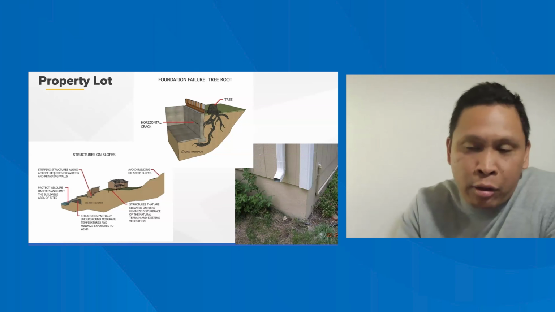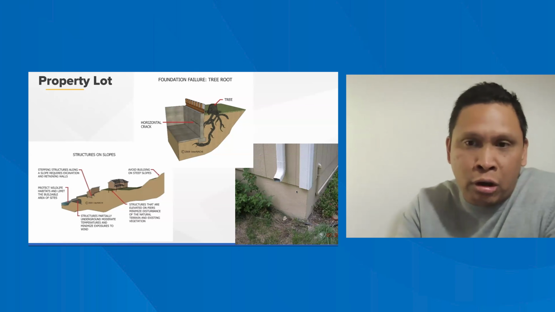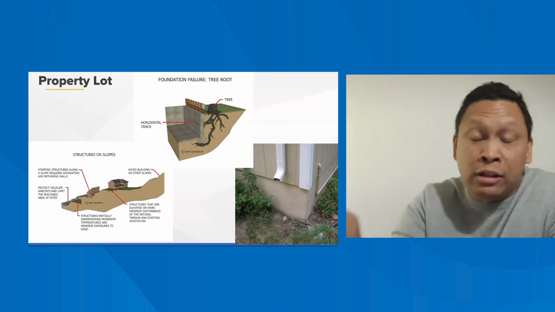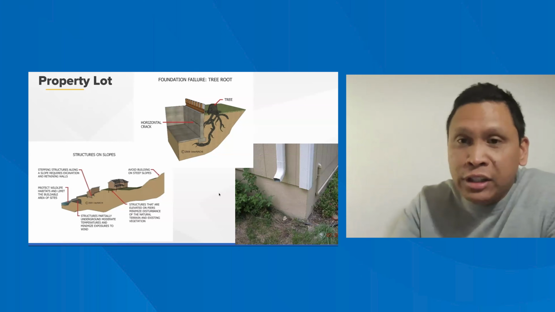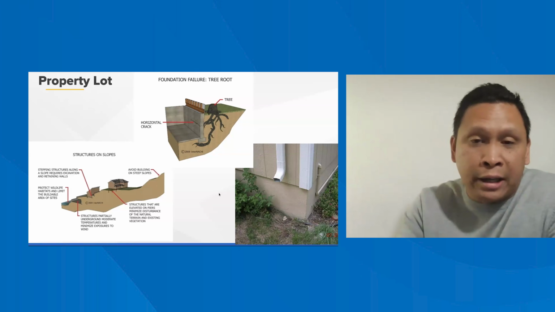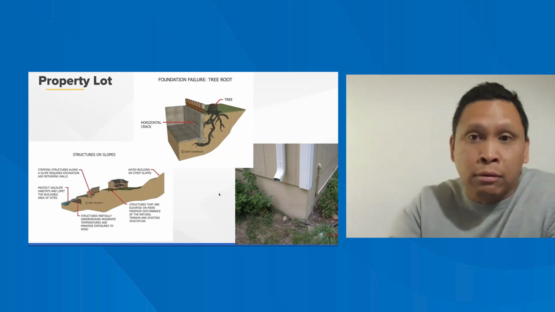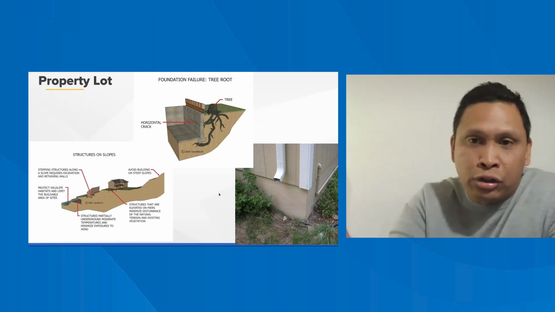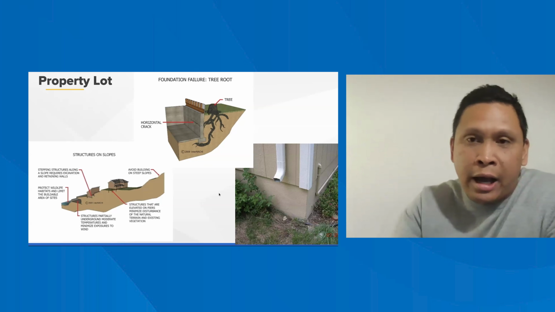The other one that we haven't touched on yet this evening together is vegetation. It's very important to be cognizant of where the vegetation is located in relation to the home. Here you can see on this top diagram, where it says tree, and then you've got the roots.